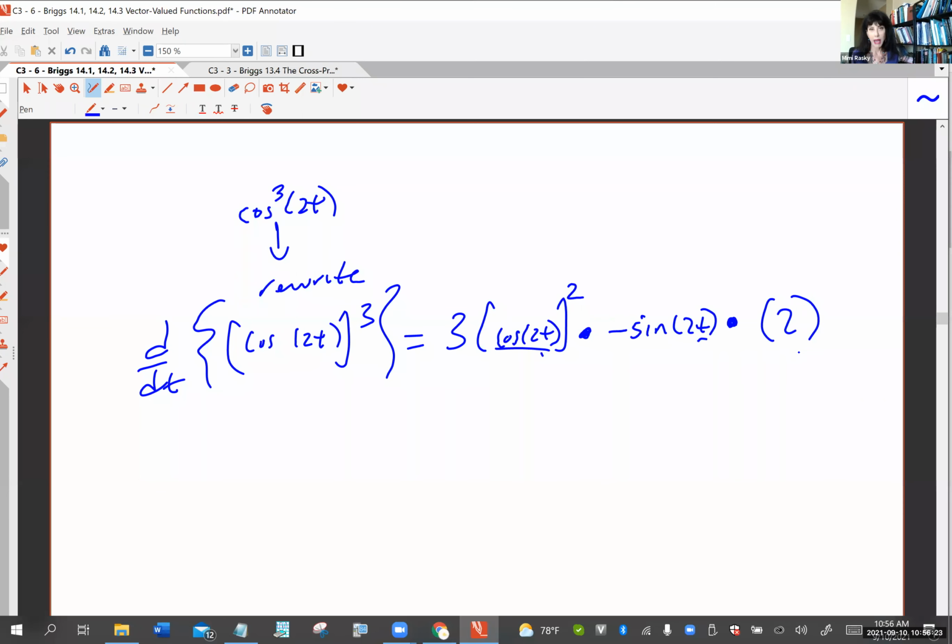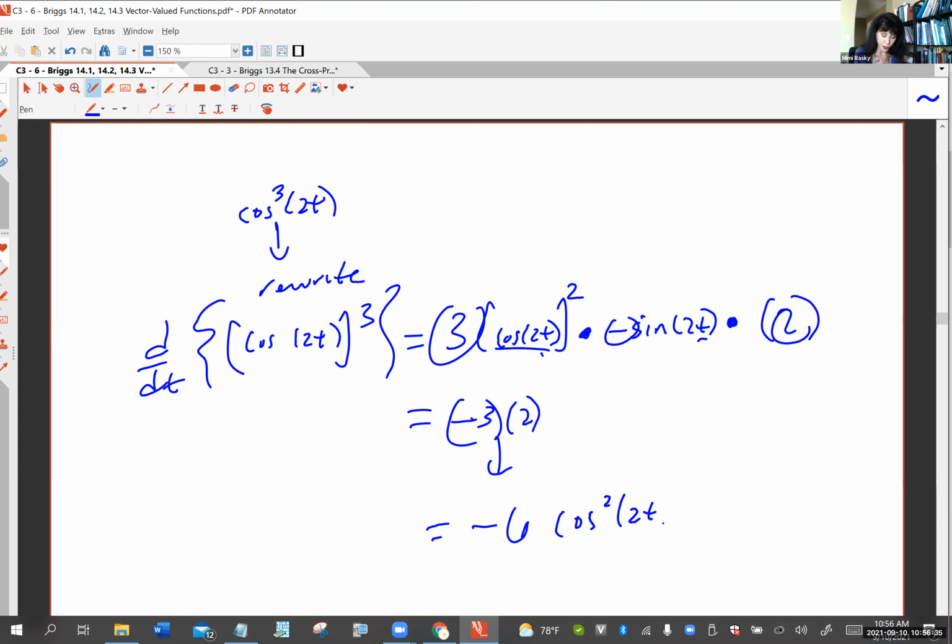This is a hot mess. I want the negative, the 3, and the 2 to all swing out in front. In fact, you should be multiplying those together to give me a -6 coefficient. And then you'll have cos squared of 2t multiplied with sine of 2t. We'll save that for later. That's the derivative of the first component. I know it's pretty gross.